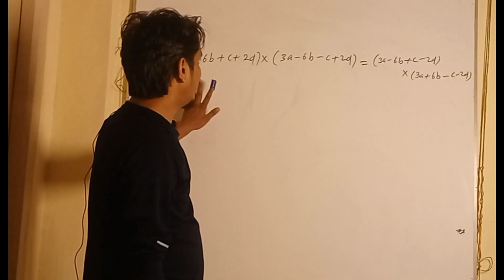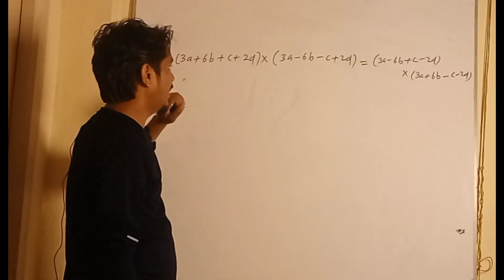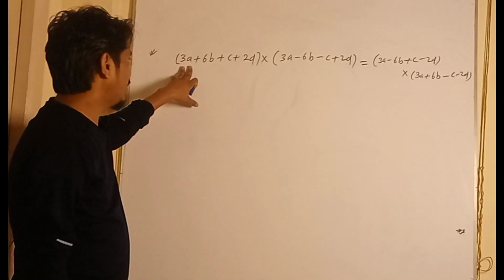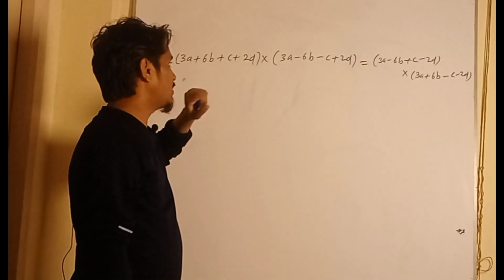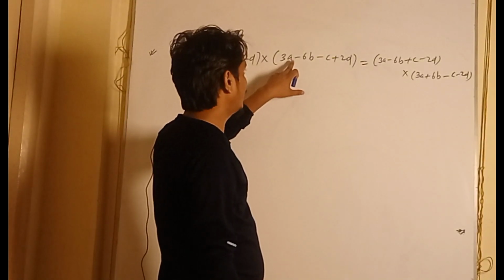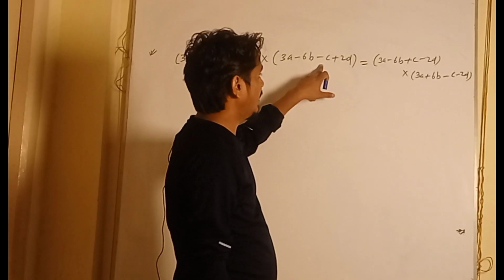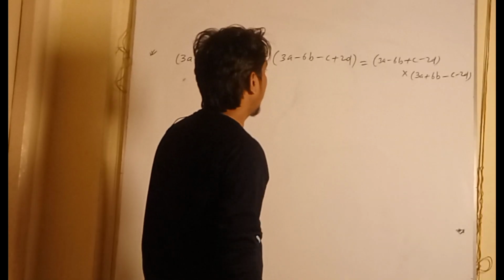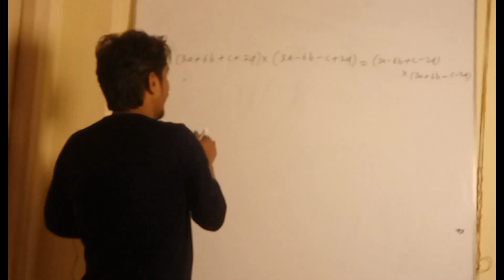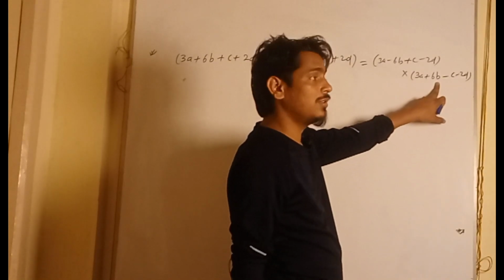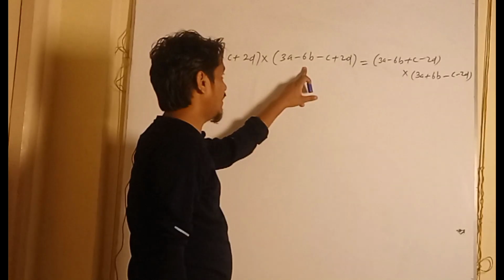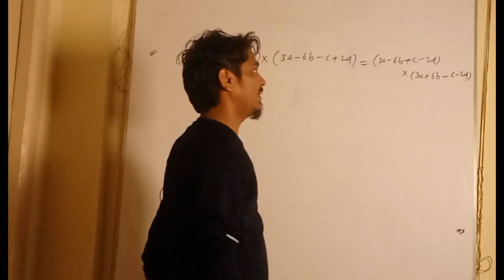So if you look into the question, you will find that on the left side we have this expression 3a plus 6b and then c plus 2d, and the second expression is having 3a minus 6b minus c plus 2d. And on the right side, if you look, the same kind of terms: 3a plus 6b, and here also 3a plus 6b. This is 3a minus 6b, this is 3a minus 6b.